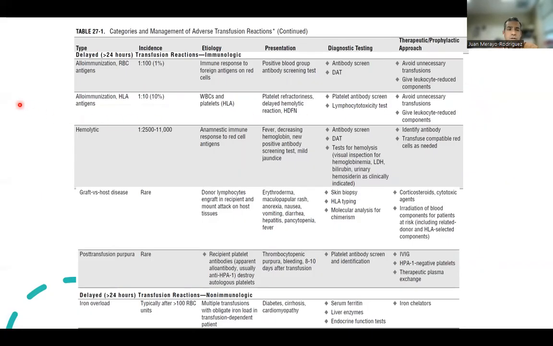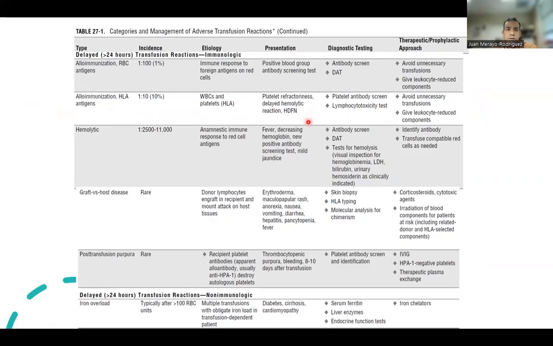With alloimmunization due to HLA antigens, that's about 10%, 1 in 10 is the incidence. It is due to white blood cells and platelets with the HLA antigens. Presentation will be a platelet refractoriness.